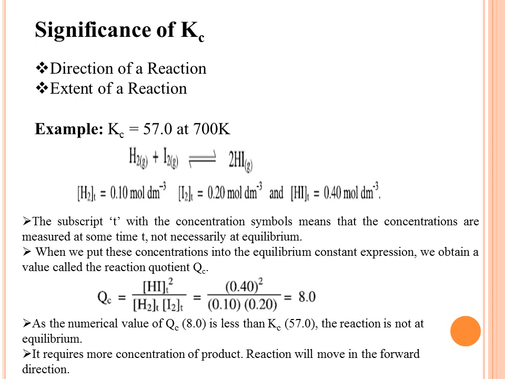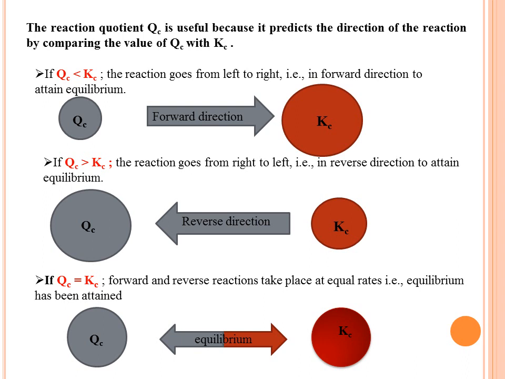So in this way we can understand that if the Qc value is smaller than the Kc value, the reaction will go in the forward direction. The reaction quotient Qc is useful because it predicts the direction of a reaction by comparing the value of Qc with Kc.